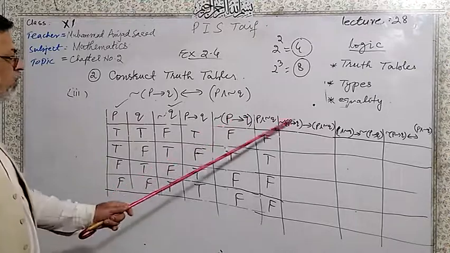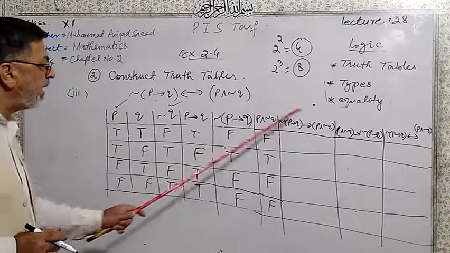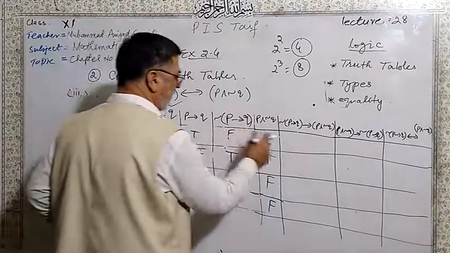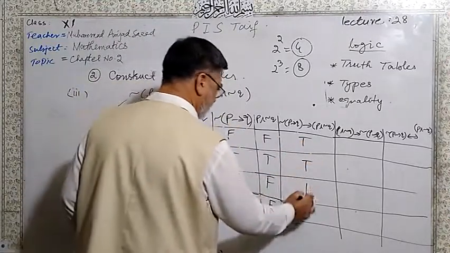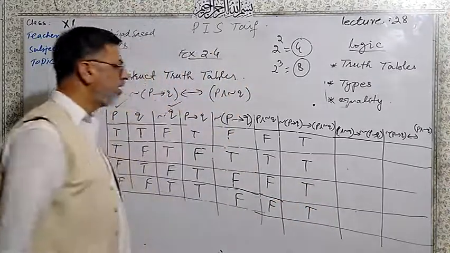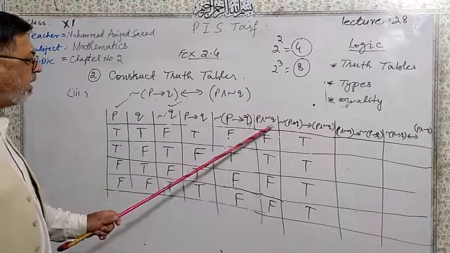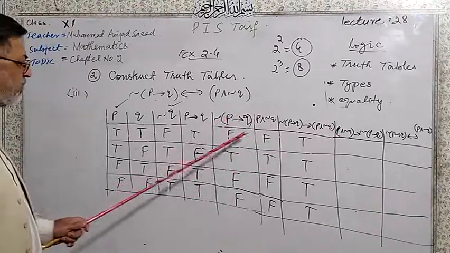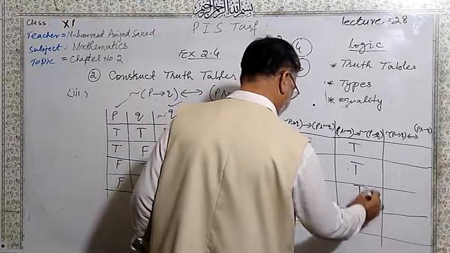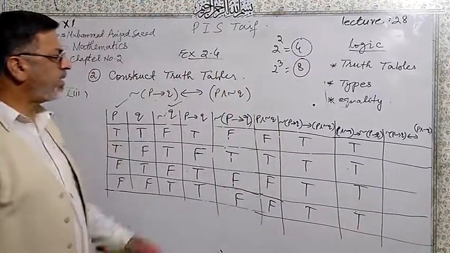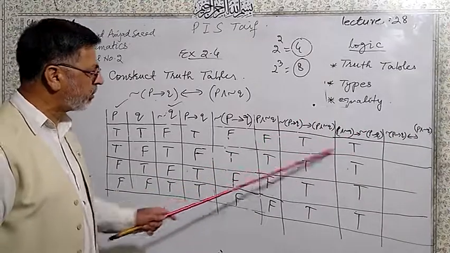Now, not P to Q to P and not Q. This to this: F to F is T, T to T is T, F to F is T, F to F is T. This was from left to right, now right to left: P and not Q to not P to Q. F to F is T, T to T is T, then T and then T. Remember that double imply means left to right and right to left combined.